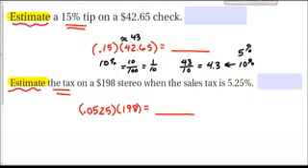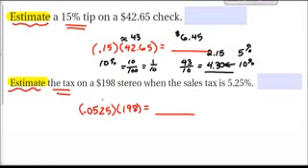So I'm going to cut this in half. And I know that 4 cut in half is 2. And 3/10 cut in half would be 15 hundredths. This is like 30 hundredths, and so half of that would be 15 hundredths. So if I add these together, then I'll get the approximate amount of the tip, which would be $6.45.